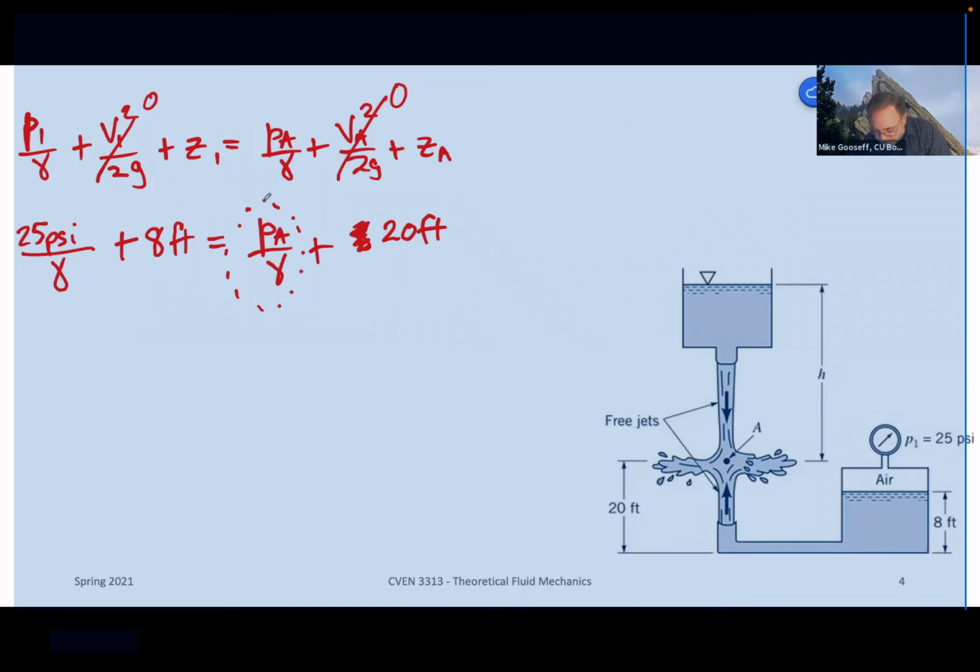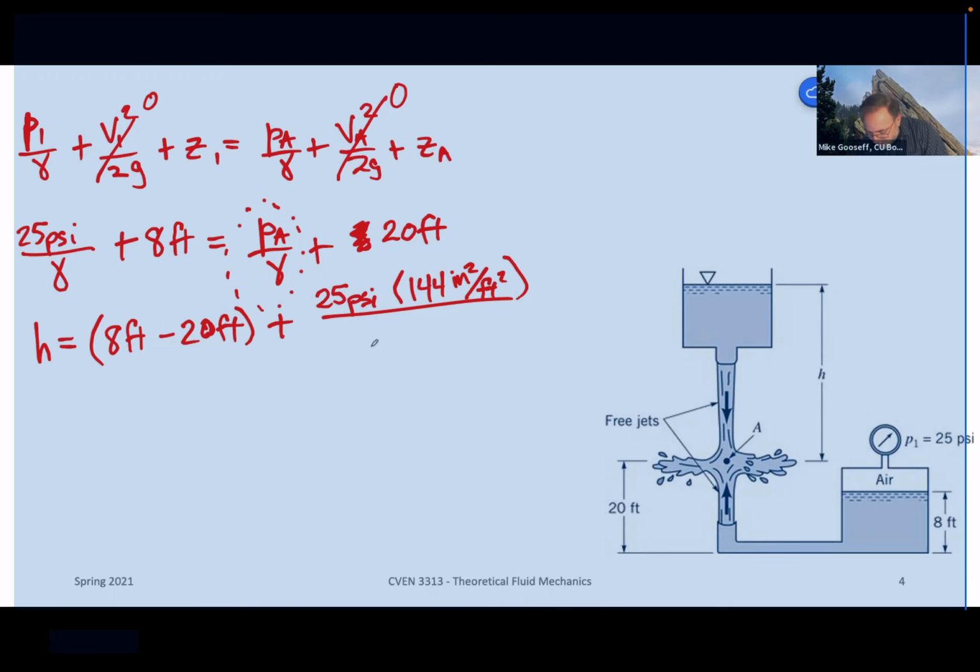So we can rewrite this now. I'm going to isolate the H on one side. So H is equal to 8 feet minus 20 feet, right? So that'll come out to a negative 12. But then we're still going to have 25 PSI, and we're going to multiply by 144 inches squared per feet squared to convert that pressure into pounds per square foot.